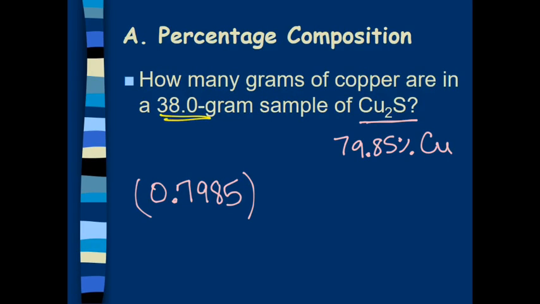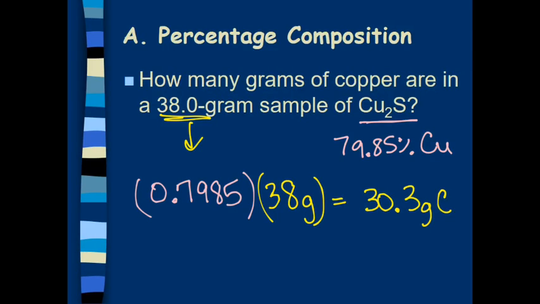They give that compound right here as 38 grams, so times 38. When you multiply that, you get 30.3 grams of copper. So in your 38 gram sample of copper 1 sulfide, 30 grams of it is really copper by mass.